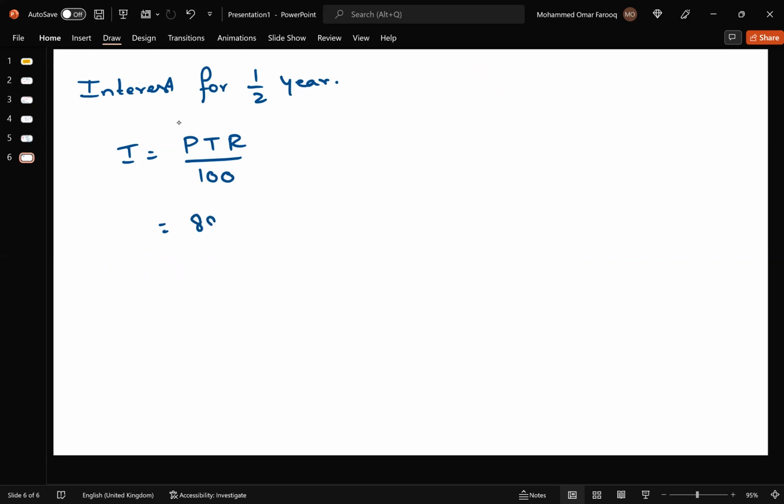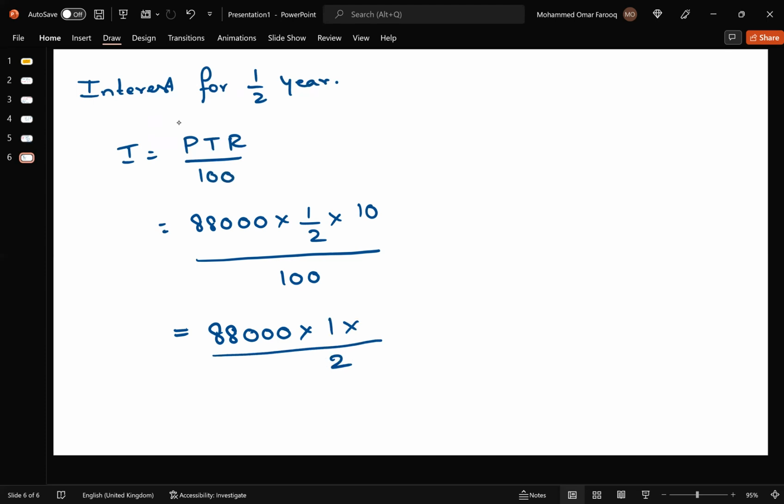So principal will be 88,000 multiplied by time period, half year, multiplied by R. R equals 10% divided by 100. And we all know when we have a fraction in the numerator, the denominator will come to the denominator itself. Now 0 and 0 get cancelled, 0 and 0 get cancelled. What is left out?